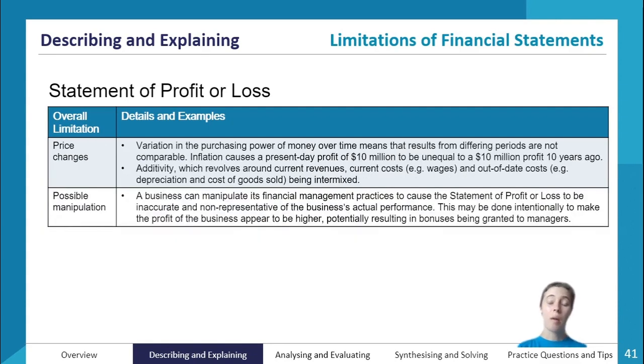Some other ones. Now, price changes. The value of money changes over time, so the purchasing power of money changes, and that results in different periods not being able to be compared. For example, if we think of the impact of COVID-19, it would be pretty tricky for businesses to be comparing 2019 to 2020 because of the impact of COVID on the economy.